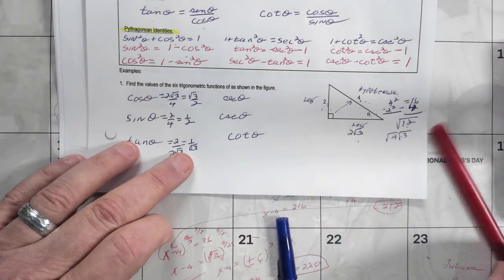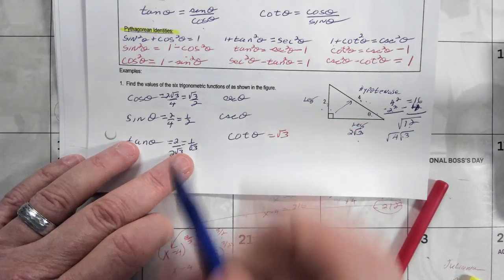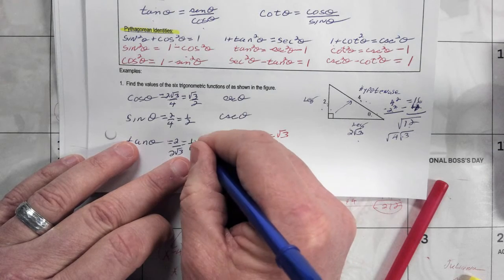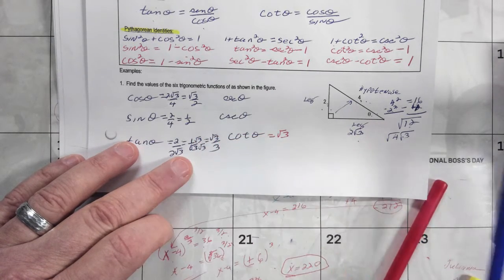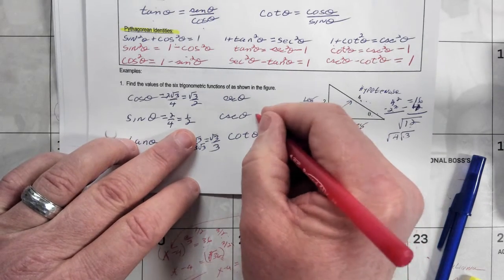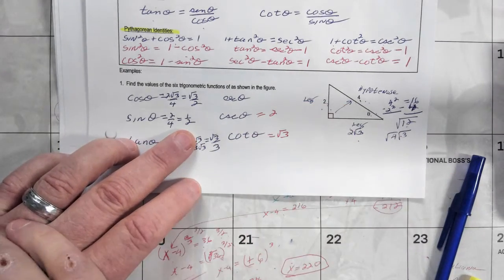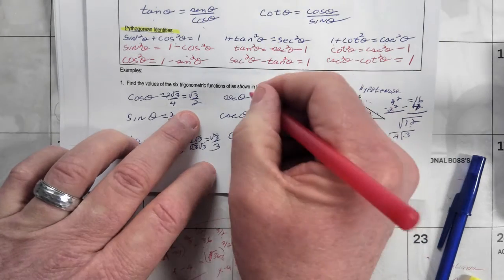Before I rationalize that, I would just write over here root 3. Then I would go root 3, which is root 3 over 3. The reciprocal of the sine is 2 over 1, or just 2. And the reciprocal of the cosine is 2 over root 3.